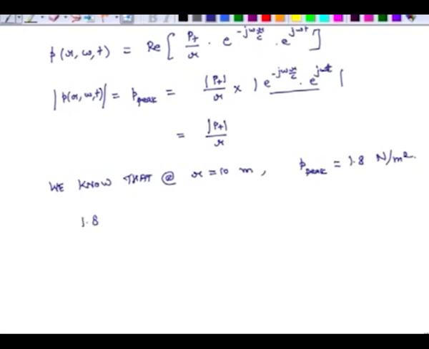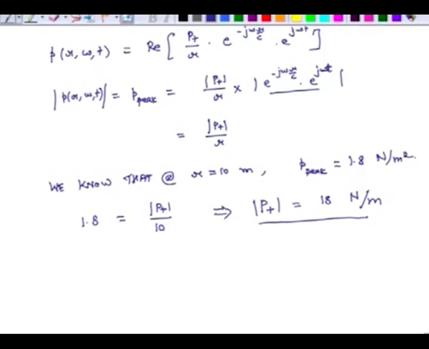So, 1.8 equals P plus divided by 10, which means that the magnitude of P plus is 18. It is 18 newtons per meter. Note that the unit of P plus is newtons per meter, and once I divide P plus by r, I get the value of P peak. So, this is the value of P plus.